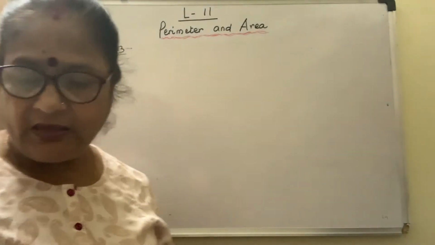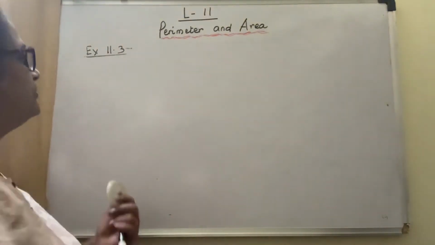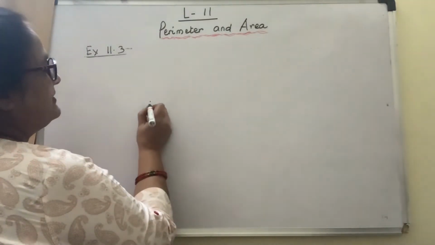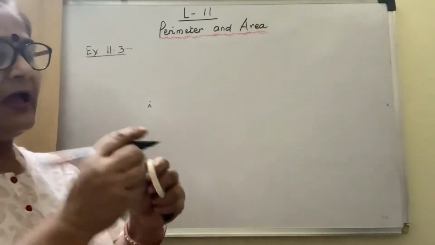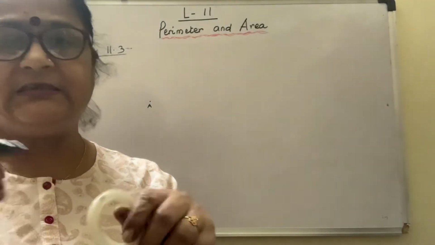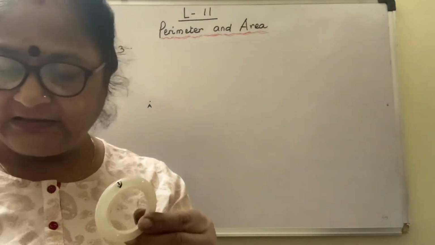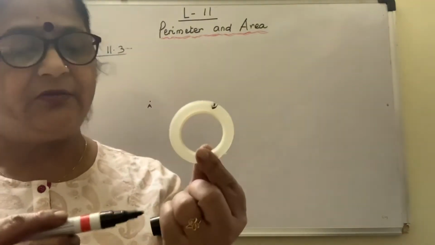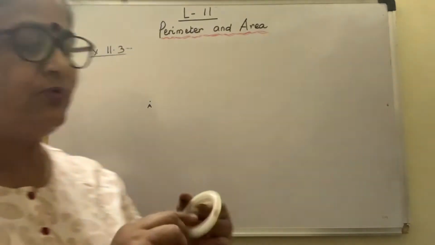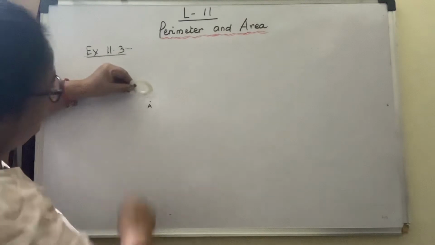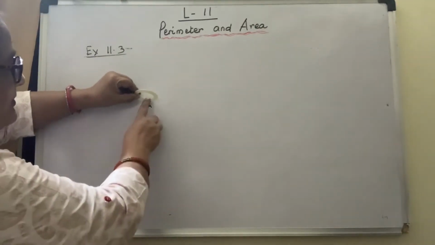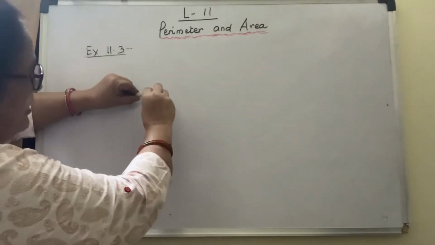Now if my wheel is starting to rotate from this point, let me take it as A. I mark a point on this also. If you can see the black marking, that is the point where I'm going to start my rotation. I keep the black point on the point A. Now I rotate.